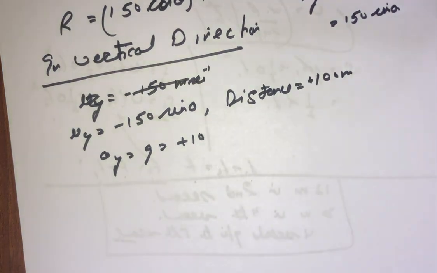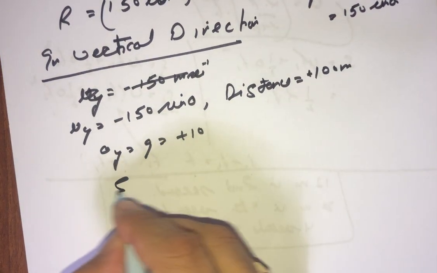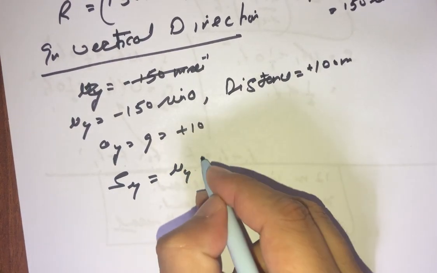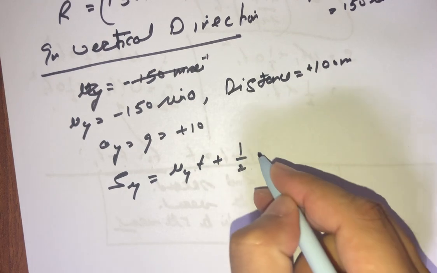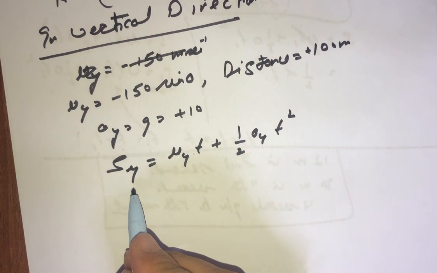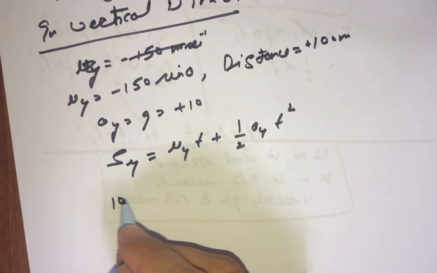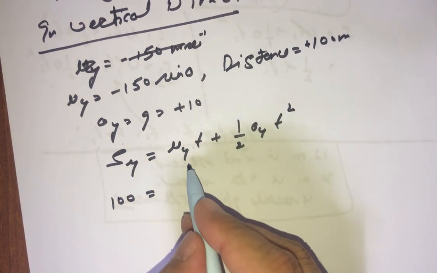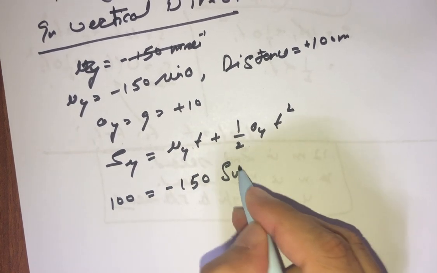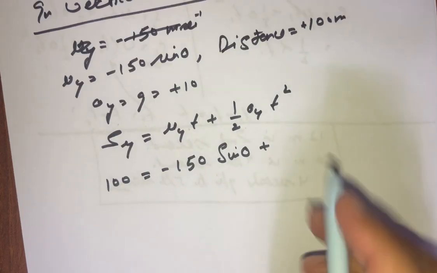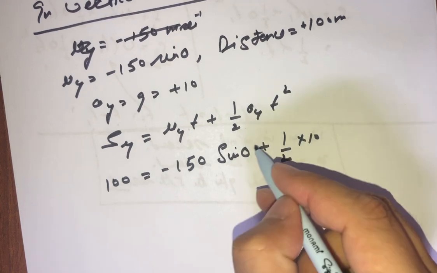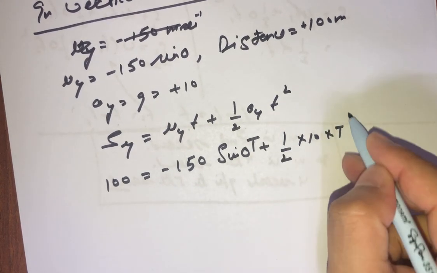So we can find this by using the kinematic equation s_y is equal to u_y t plus half a_y t squared, and s_y we already know is 100, plus u_y is minus 150 sin theta, plus half, it is given as 10, times t squared.